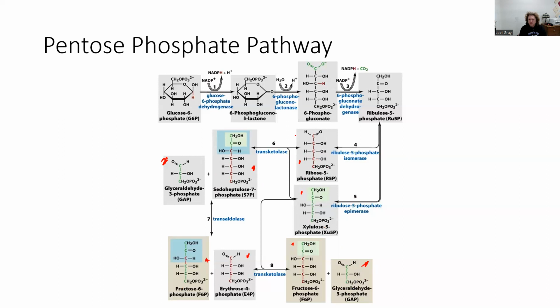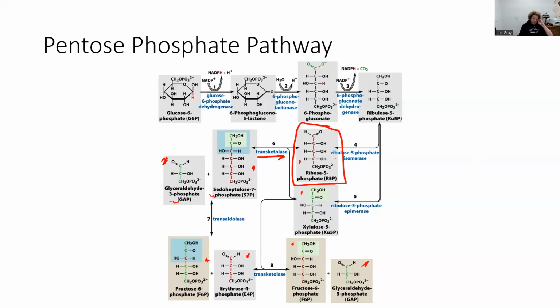So when ribulose 5-phosphate concentrations are very low, but concentrations of glyceraldehyde 3-phosphate and sedoheptulose 7-phosphate are higher, well, what can you do? You can do this transketolase reaction in reverse, generating that ribulose 5-phosphate and the xylulose 5-phosphate.